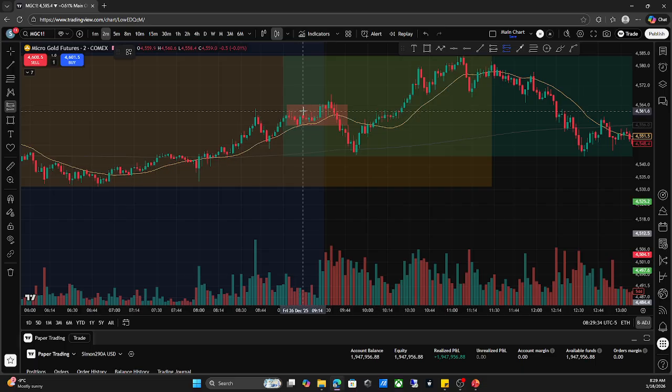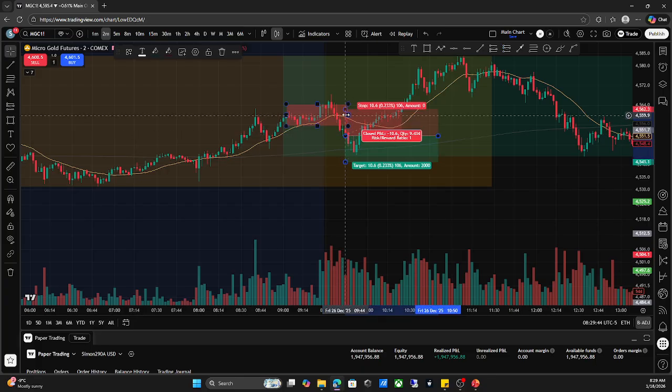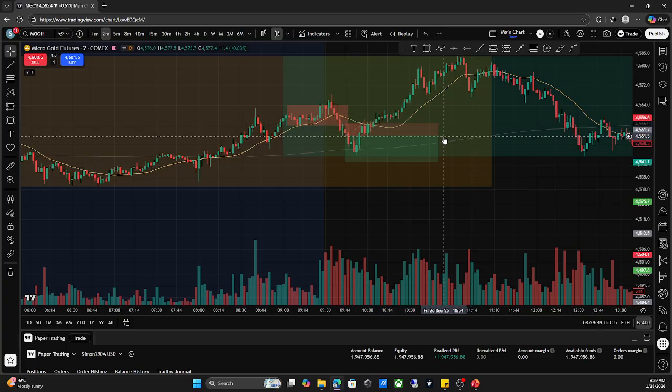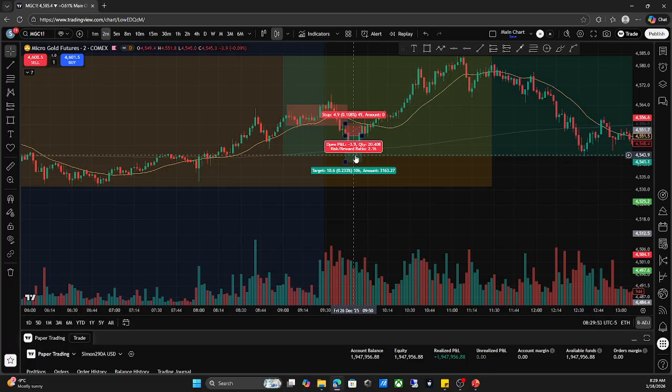Let's see how it would have played out, breakout in a doji. It's not good when it's setting these things on a doji. The doji is broken. I've entered here. I put my stop loss there. 1 to 1.